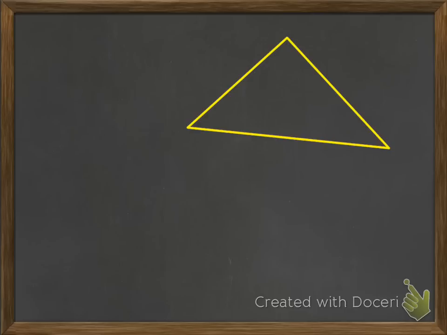This is 67 degrees. This one is 34 degrees. And I want to know what this one is. So go ahead and solve that. Go ahead and pause it, solve it, and then come back and we'll do it.